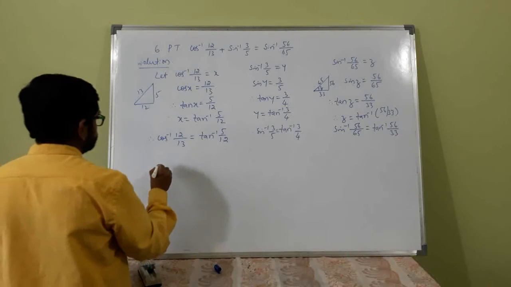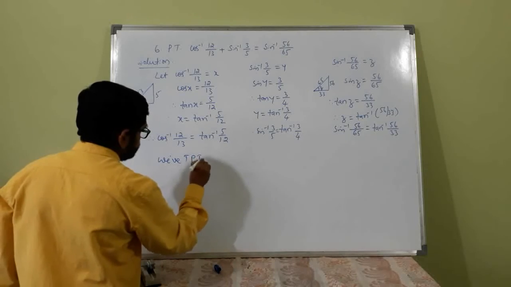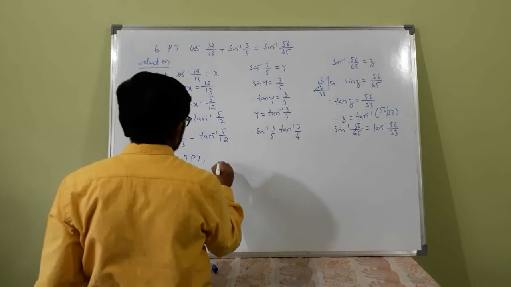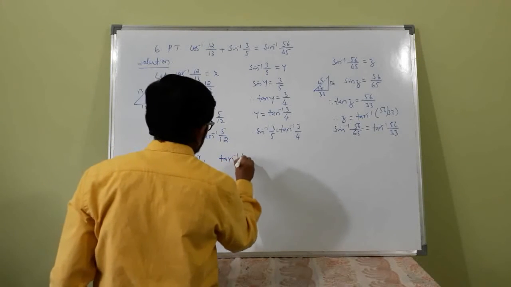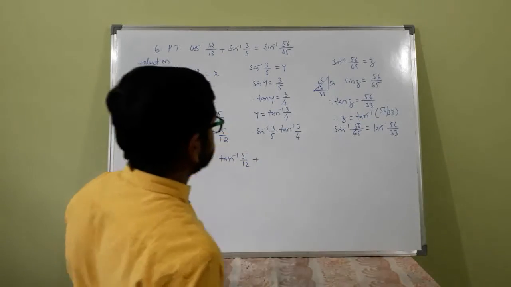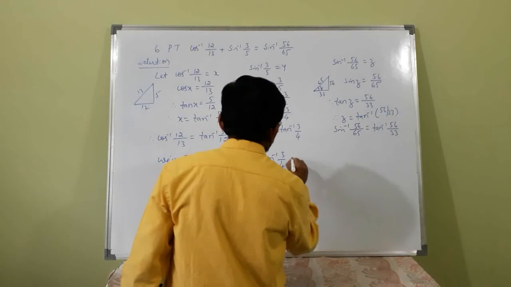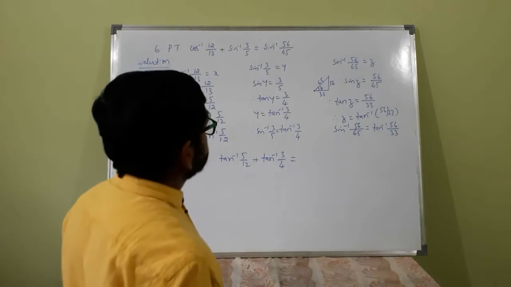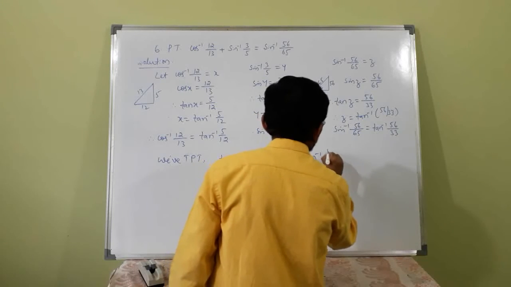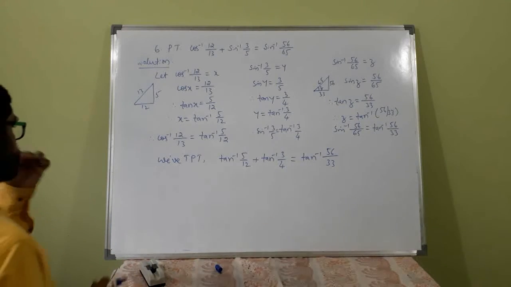We have to prove that cos inverse of 12 by 13 is equal to tan inverse of 5 by 12 plus sin inverse of 3 by 5 is same as tan inverse of 3 by 4 is equal to sin inverse of 56 by 65 is tan inverse of 56 by 33. Okay. Now consider LHS.